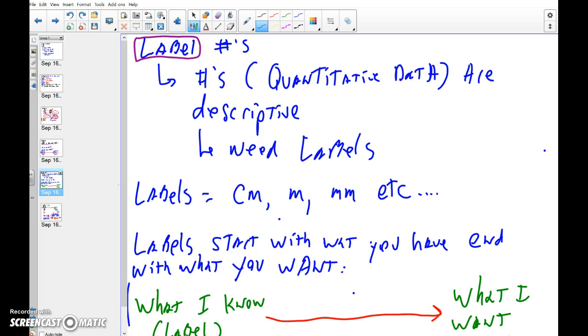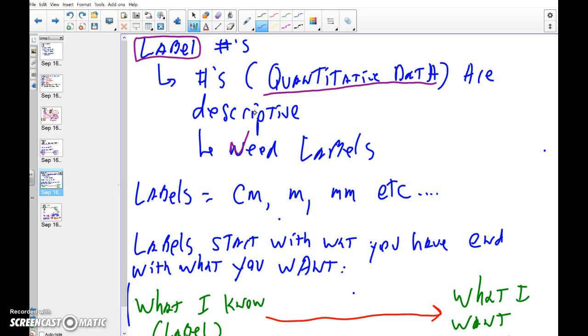See, numbers are descriptive, all right? And remember, numbers are quantitative data, which is the data that we prefer. And since they're descriptive, we need these labels to help describe what's going on. 6 by itself is meaningless, but 6 centimeters, that's been described, so now I know what that means.